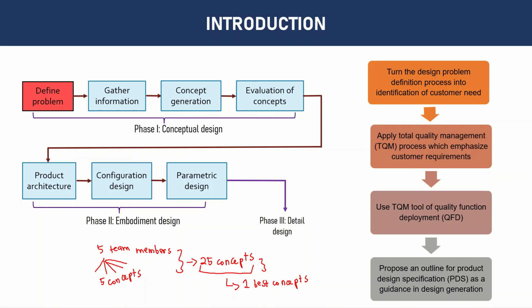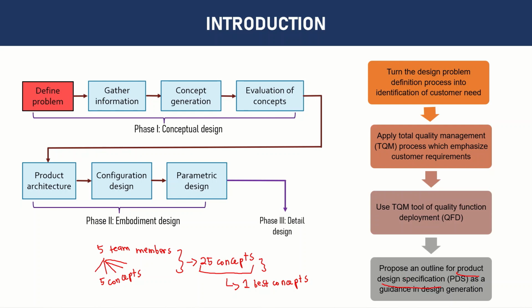So once we obtain some characteristics and some requirements that match with the engineering characteristics, we can get the early specification of the product that we are going to produce. So we can come out with the pre-PDS, the first version of the PDS.